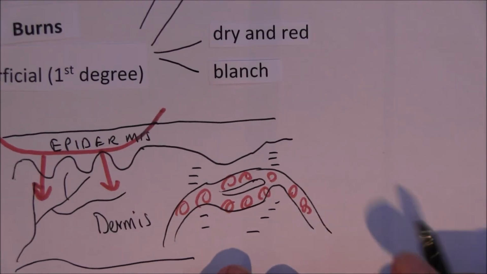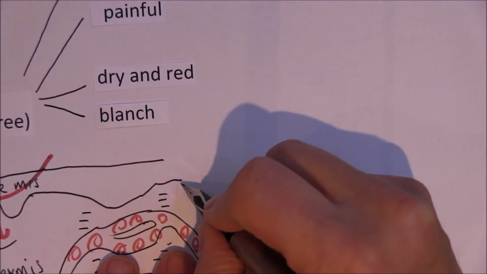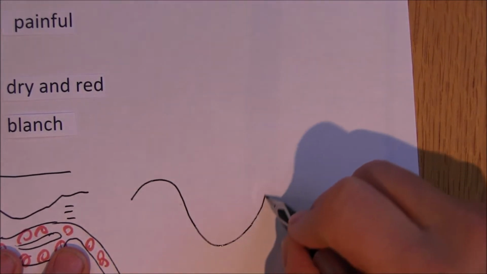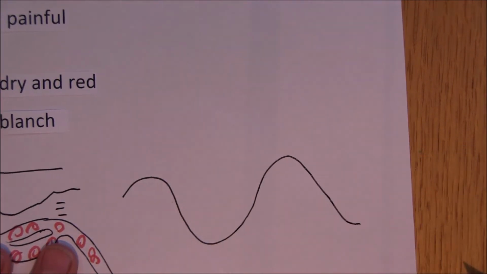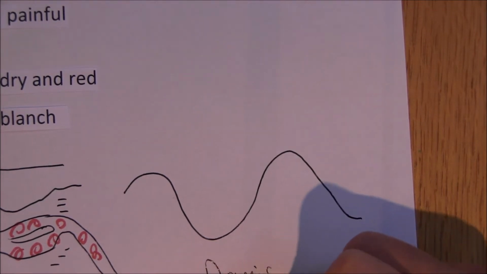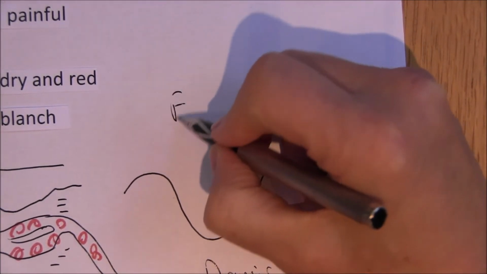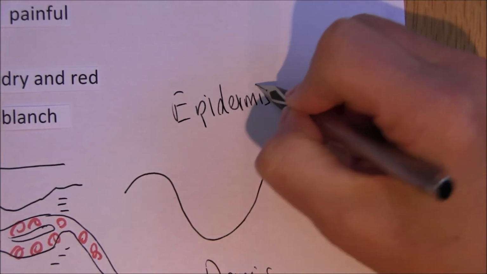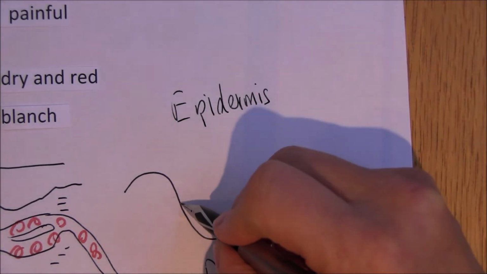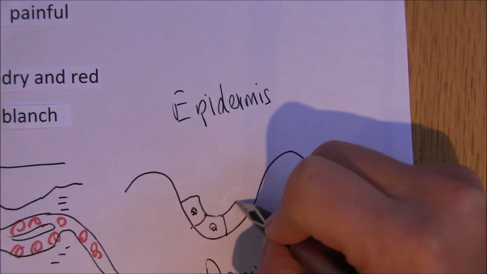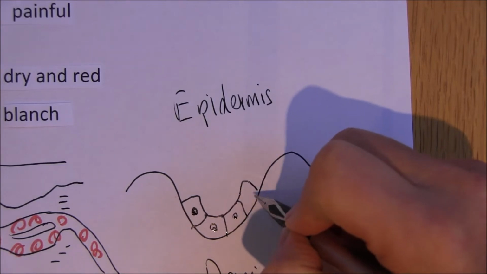Now, along here, if we just blow that up a bit, in the junction between the dermis below and the epidermis above, sitting on the base of the epidermis we have the germ cells that are dividing to produce new skin.